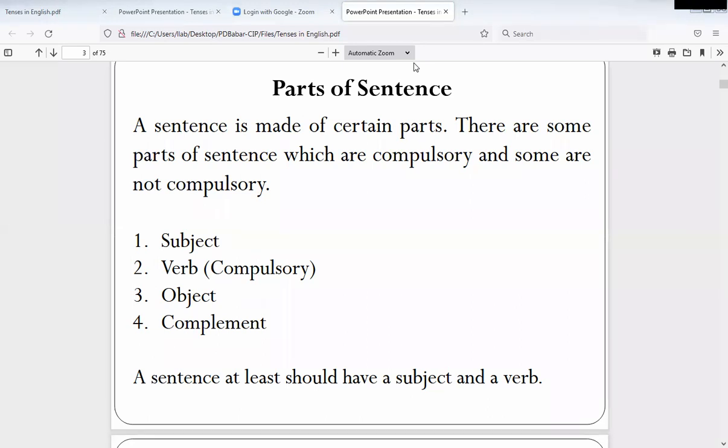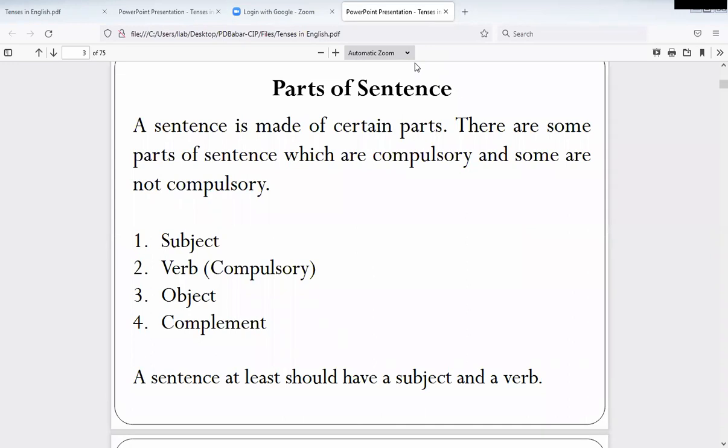But subject plus verb, we have to form a sentence with at least two parts: subject plus verb, or we can construct a sentence with verb plus object. But without a verb it is impossible to form any type of sentence.